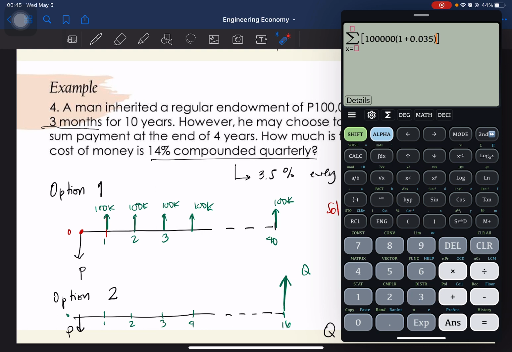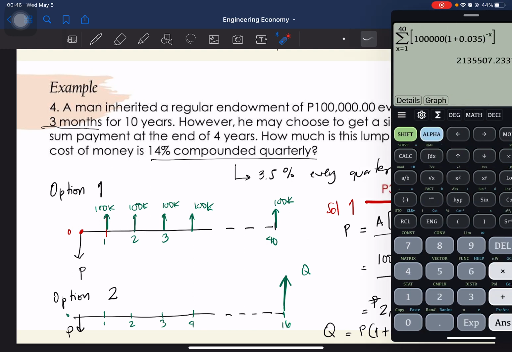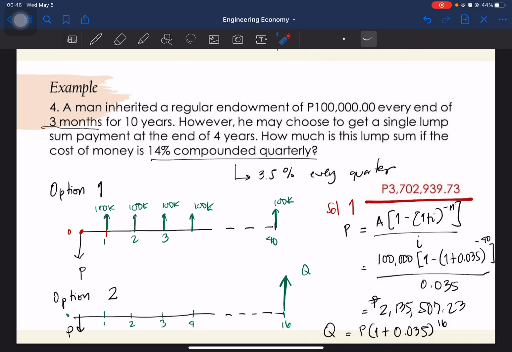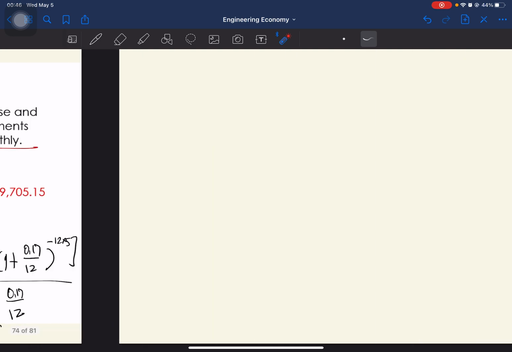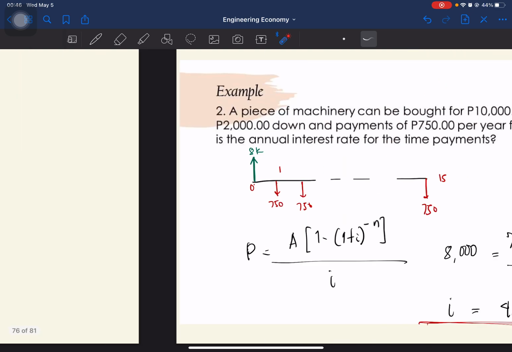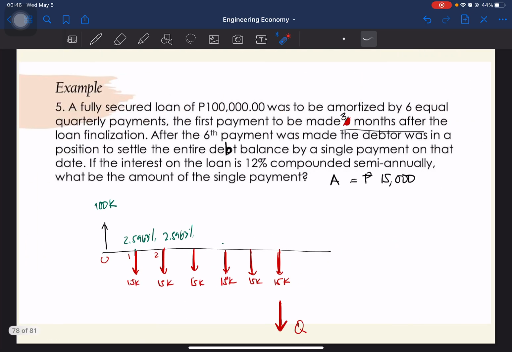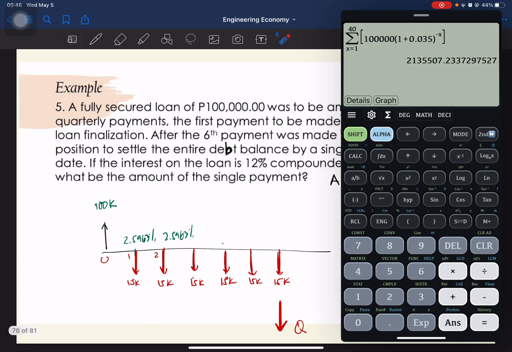Okay? Raised to negative x. That is from 1 hanggang 40. Ayan. Ayan na yan. 2,135,507, which is exactly the same doon sa ating formula. Okay? Diba? Wala lang. Parang ano lang. Meron ka lang alam na iba. Pero it's as useful as the other formula. But it has limitations.